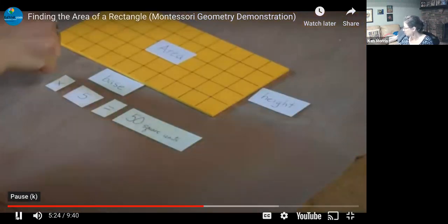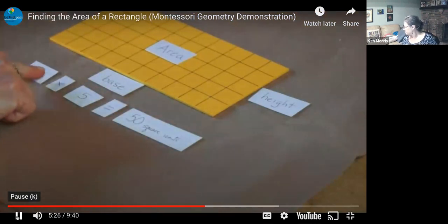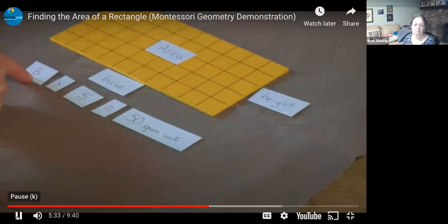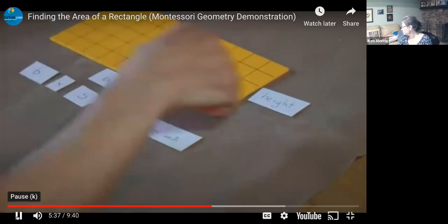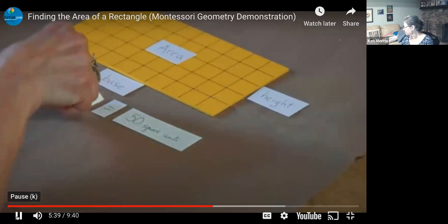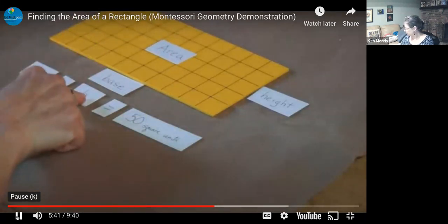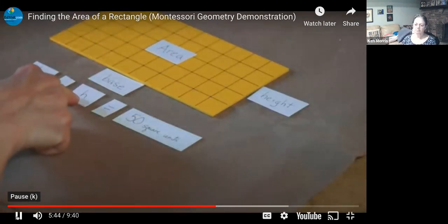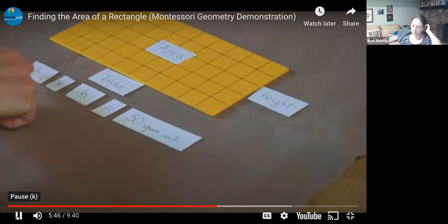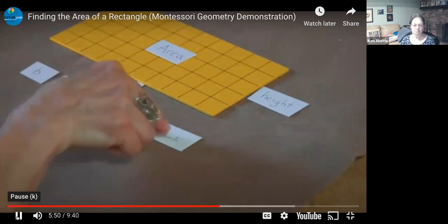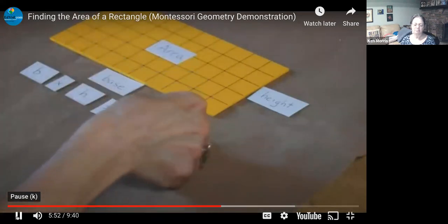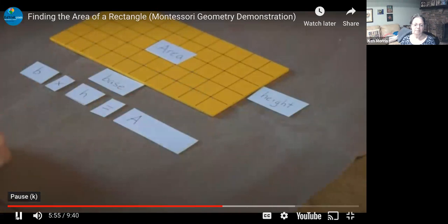So 10 represents the base, the measurement of the base of the rectangle, and I can shorten the word with the letter B. B stands for base. And 5 represents the height of the rectangle, and I can represent that with the letter H. So base times height equals area of the rectangle.